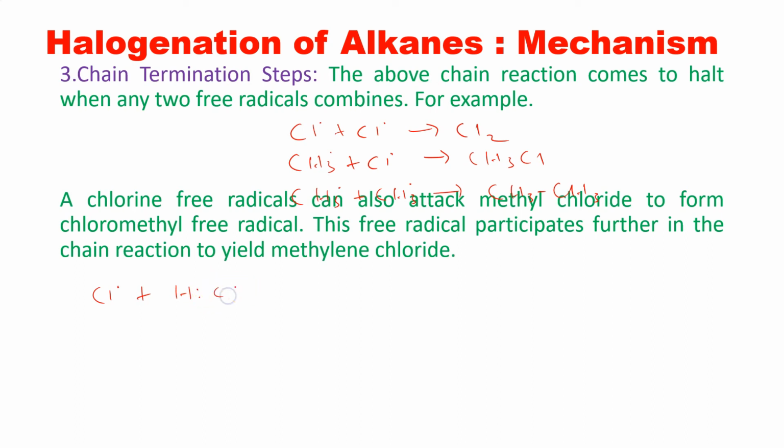So this methyl chloride, again the hydrogen from it will be removed, and it will be cleaved in a homolytic manner, and now it will form HCl, and it will give one more radical, that is the CH2Cl radical, and this radical again will react.